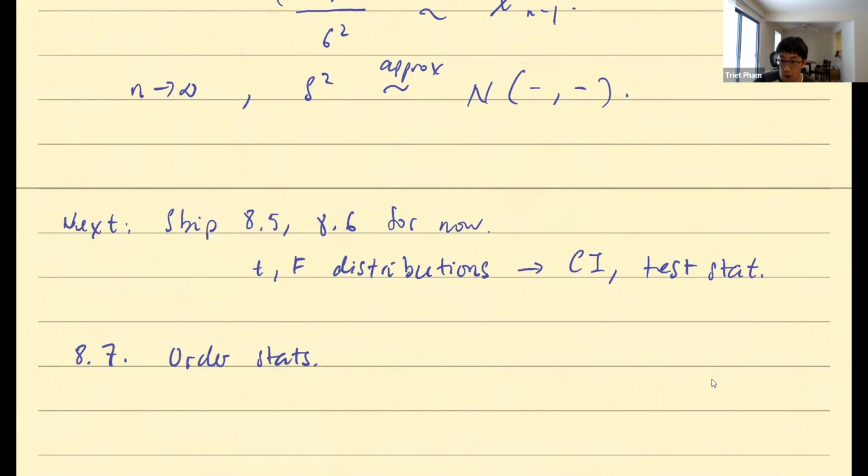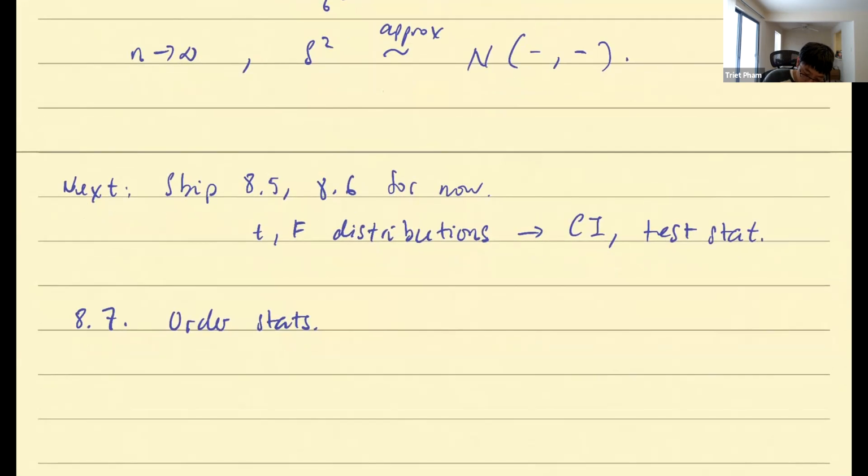So order statistics. Let's explain what they are. Our context is always that we have an IID sample from whatever population distribution we want.